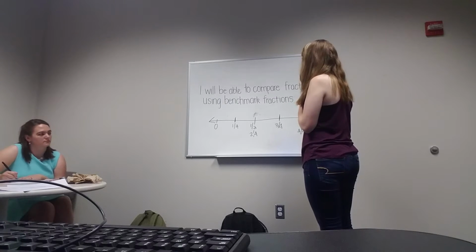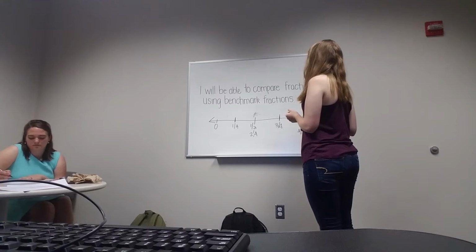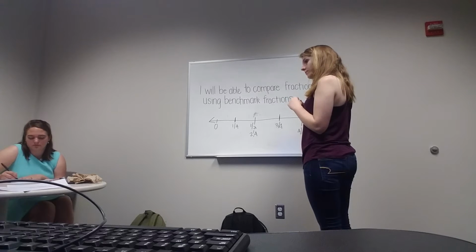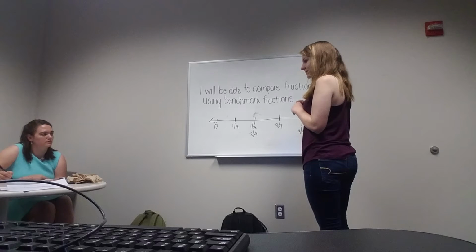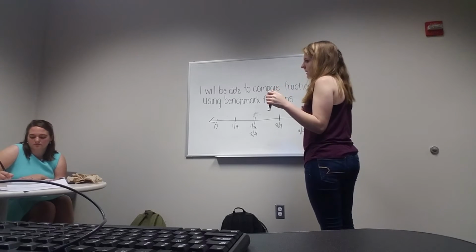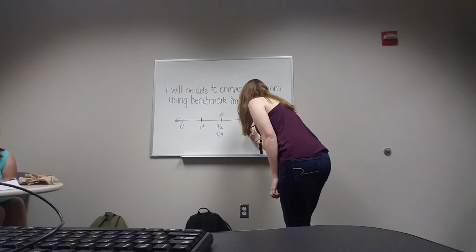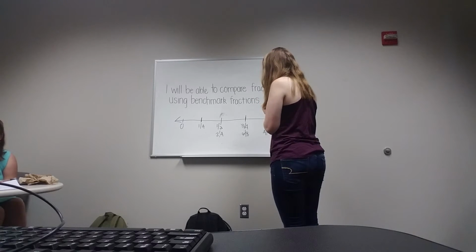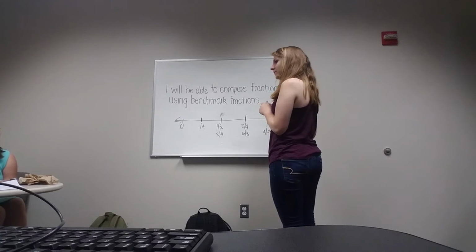So if we know 3/4, how many eighths are equal to 3/4? 6. 6, exactly. I know this is a little rusty, we did it last unit, but we'll practice on this some more. So if we have 6/8, we can use the benchmark fraction of 3/4 to figure out where 7/8 is going to be.